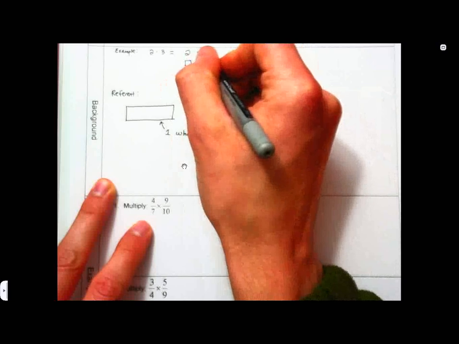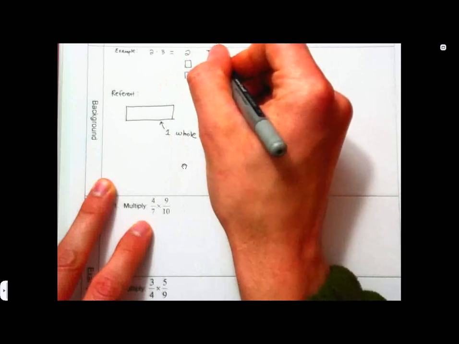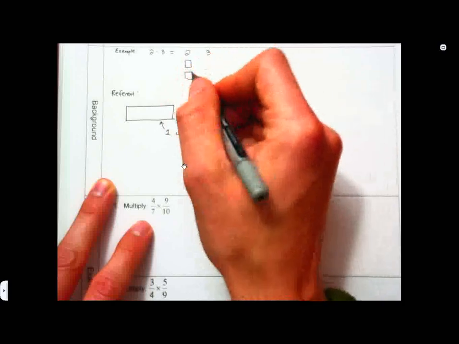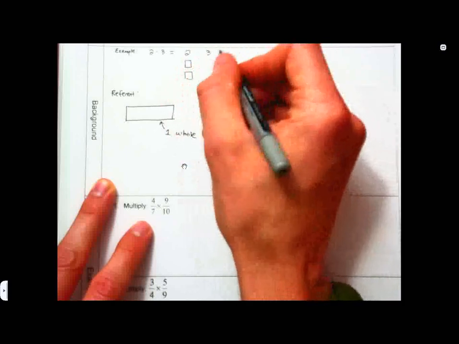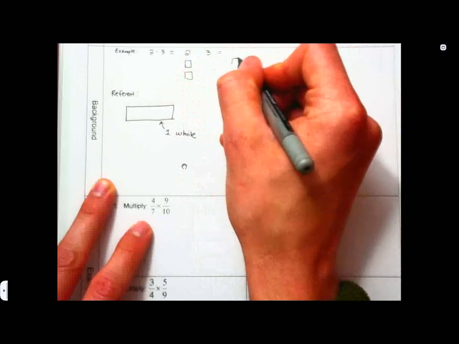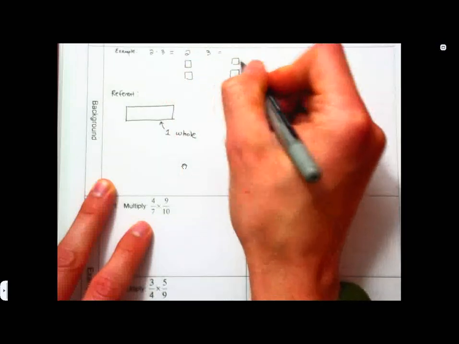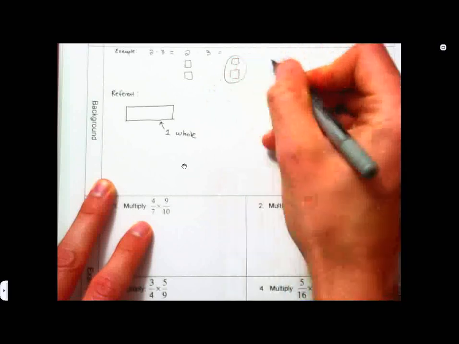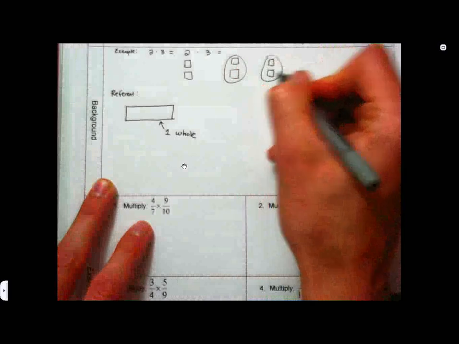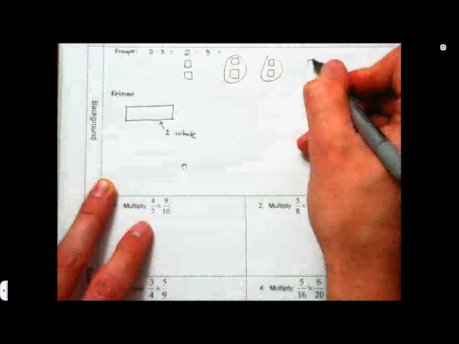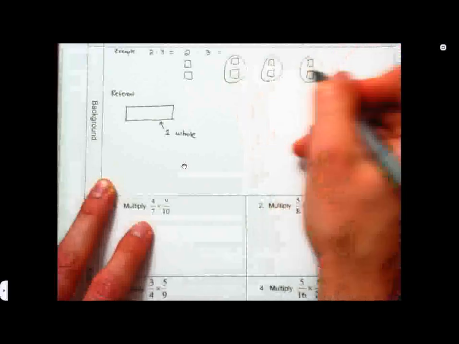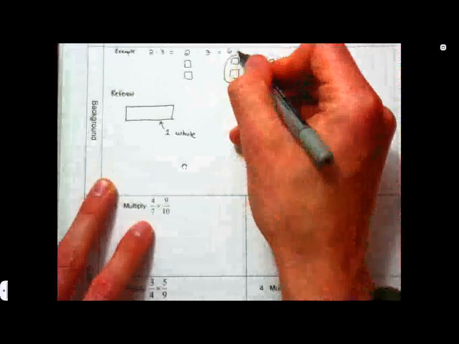And then times 3, well, what that would mean is that I have 3 groups of those two objects. And so remember, the way I could represent that then is I would have 3 groups. There's one group. There's the second group. And there's the third group, which gives me a total of 6 objects.